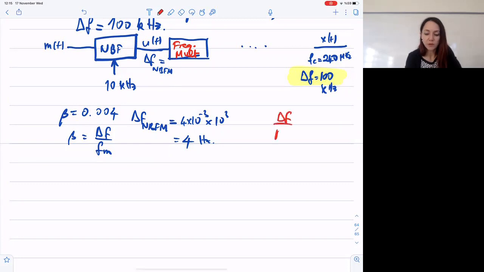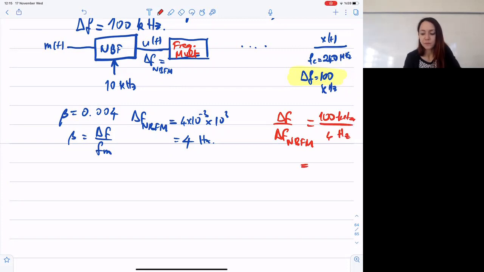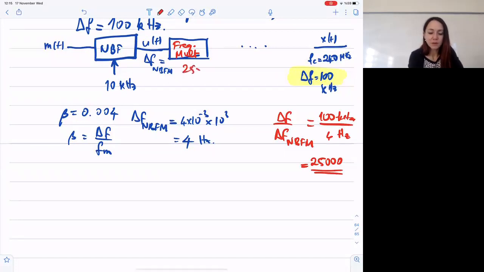So delta F over delta F narrowband is 100 kilohertz over 4 hertz. And what is the ratio? 25,000. Pretty large, right? Theoretically, it is possible, I guess. The numbers may not be very practical at the moment. Okay, 25 times 10 to the 3.